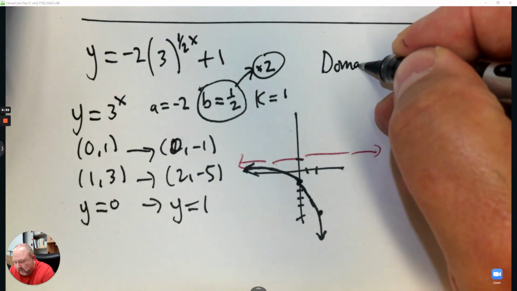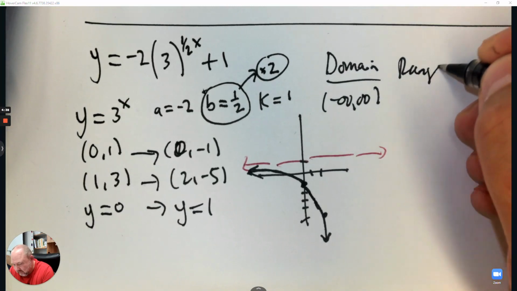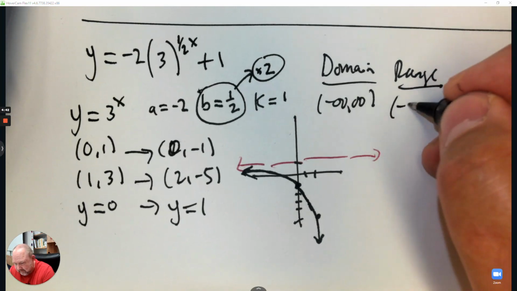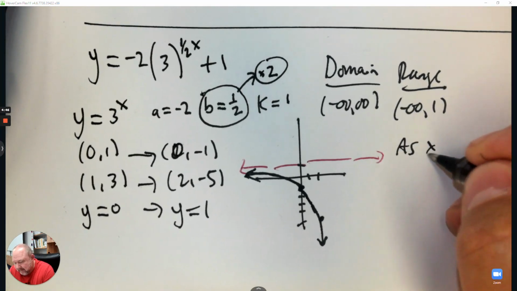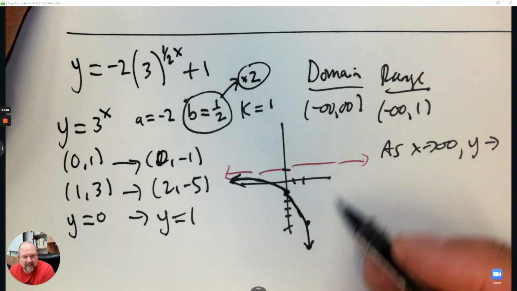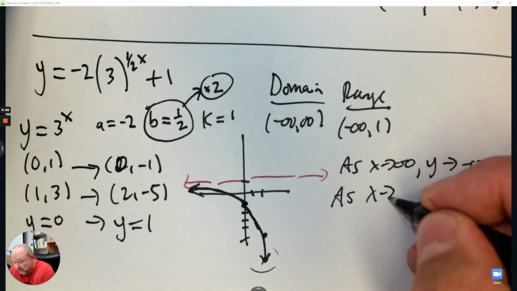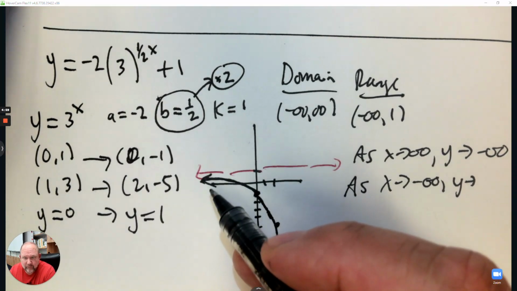The domain is always all real numbers, and the range comes from the asymptote. Now for this one, the bottom of the range is -infinity, and it goes up to the asymptote, which is 1. And then the end behavior. As x approaches infinity, the right end is going to -infinity. And then the left end, as x approaches -infinity, where's the left end going? To the asymptote, which is at 1.